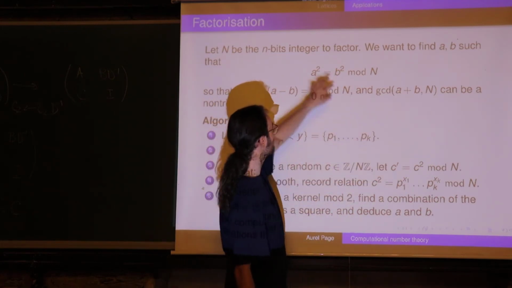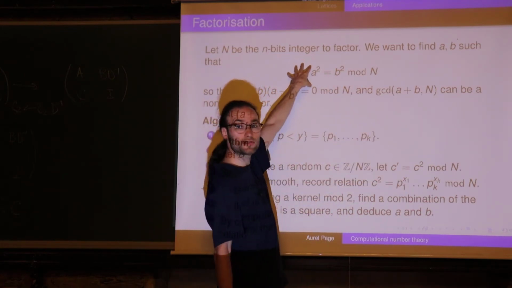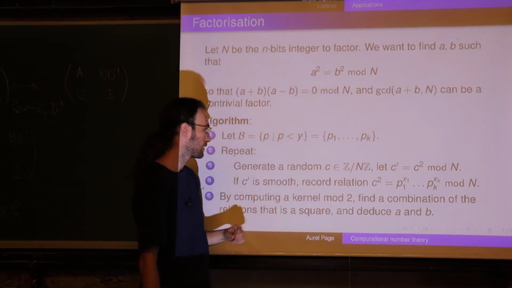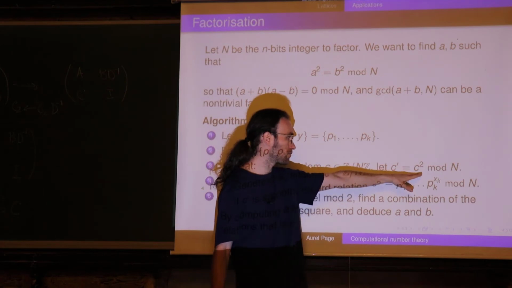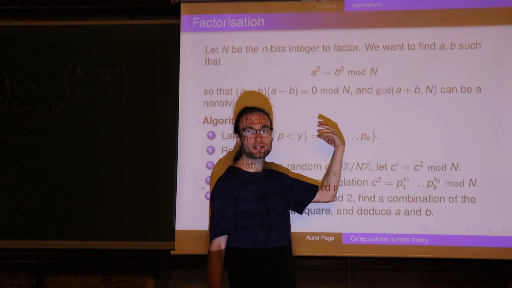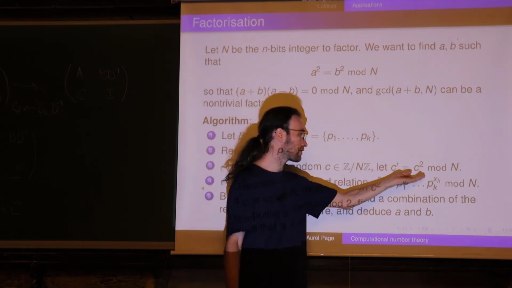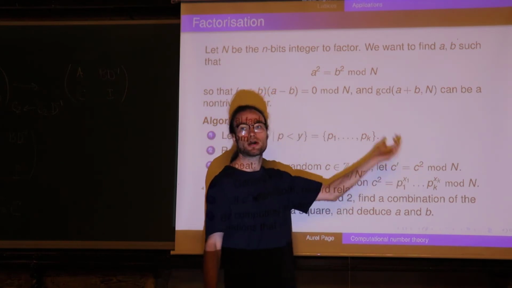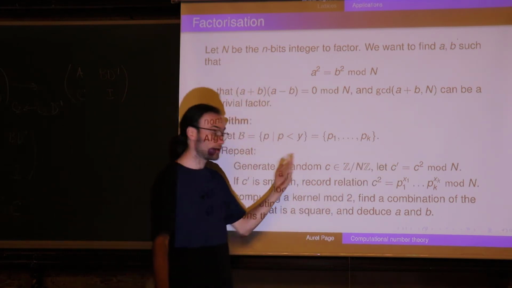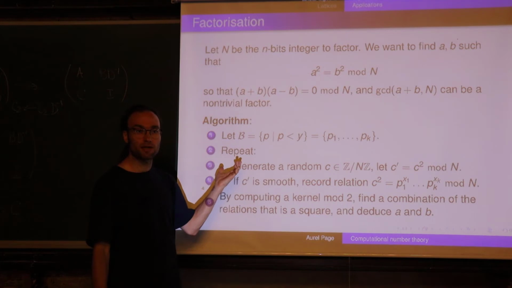This is going to represent one side of this equality, and we will try to complete the other side with a square. So you have this element c squared modulo n, and then you lift it in Z, taking the representative that is between 0 and n minus 1. Okay? And this integer, c prime, you try to factor over the factor base.